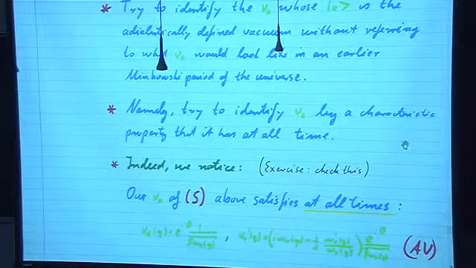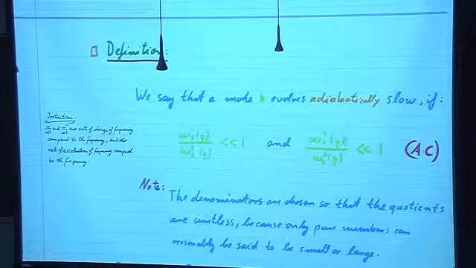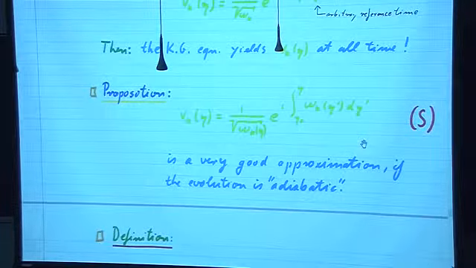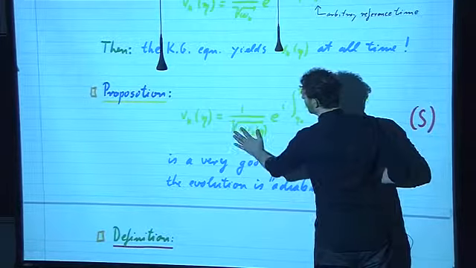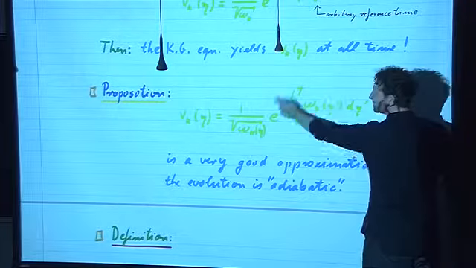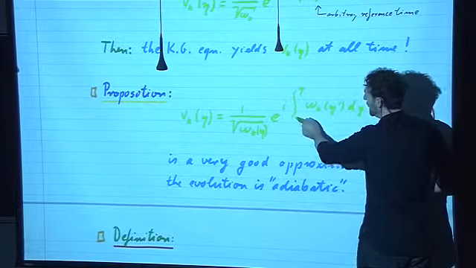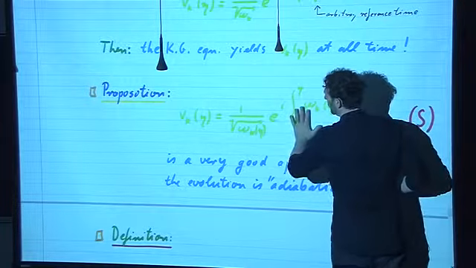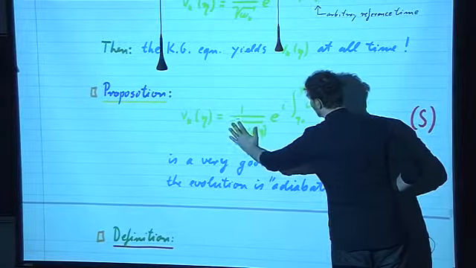Let me just verify that this is true. Here we go. The adiabatic solution is always 1 over square root of omega times a phase. Okay? At all times, the adiabatic solution has that property.